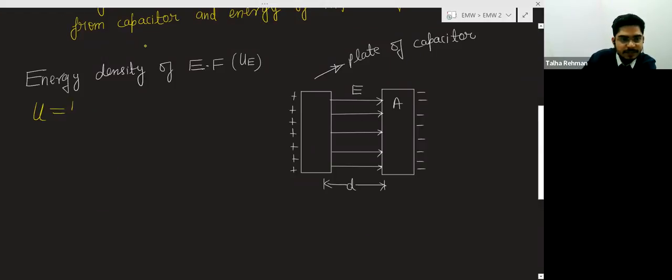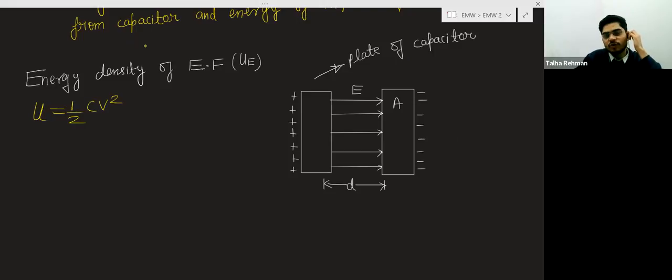Energy stored in the capacitor is given by half CV square. And what is the capacitance of the parallel plate capacitor? That is epsilon naught A divided by d. And the potential difference between the plates is given by electric field into d.